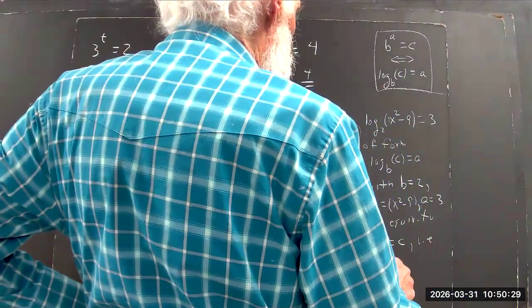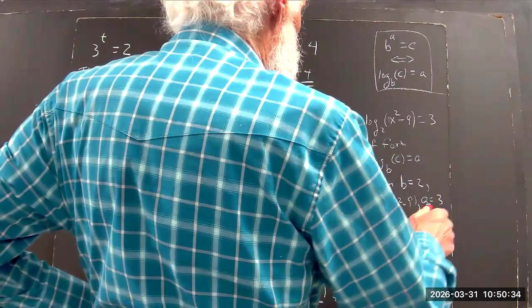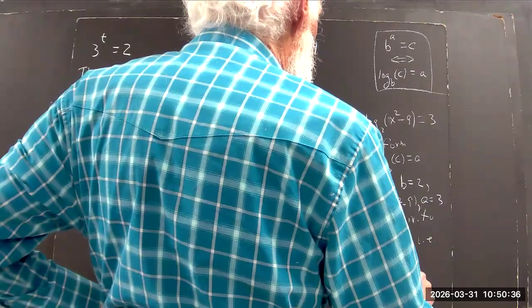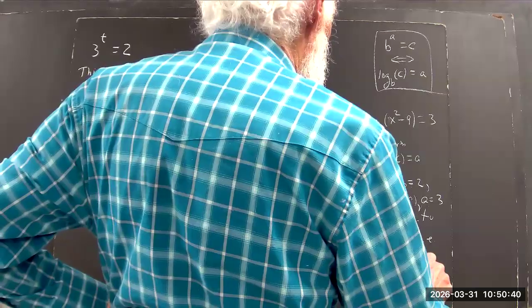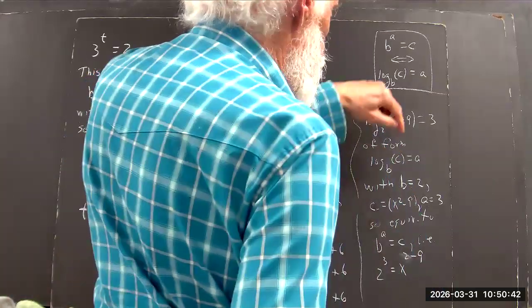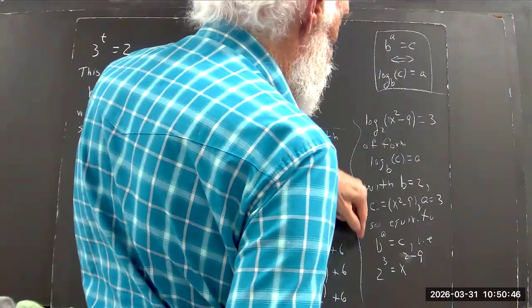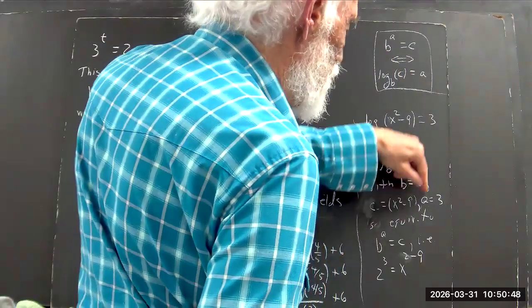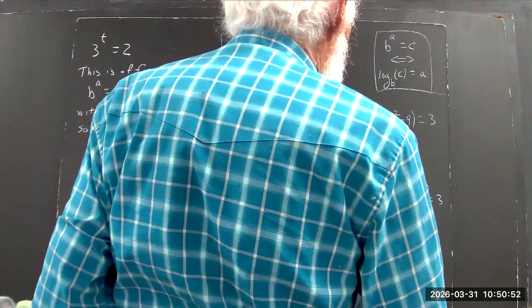Okay, so it becomes now 2. That's the value of b. a is 3. And where's my form? c is x squared minus 9.